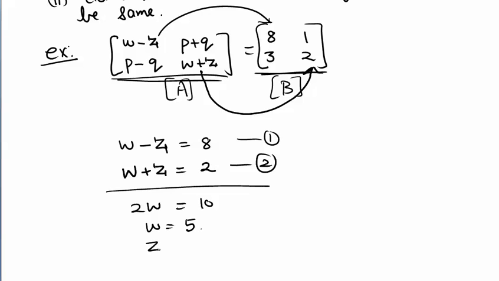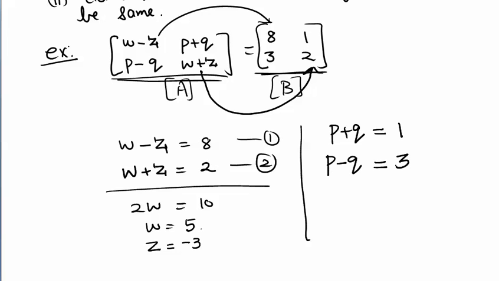And what will be Z? W is 5, so Z would be minus 3, yes, right? Similarly, if you want to find the values of P and Q, P plus Q should be equal to 1 and P minus Q should be equal to 3.